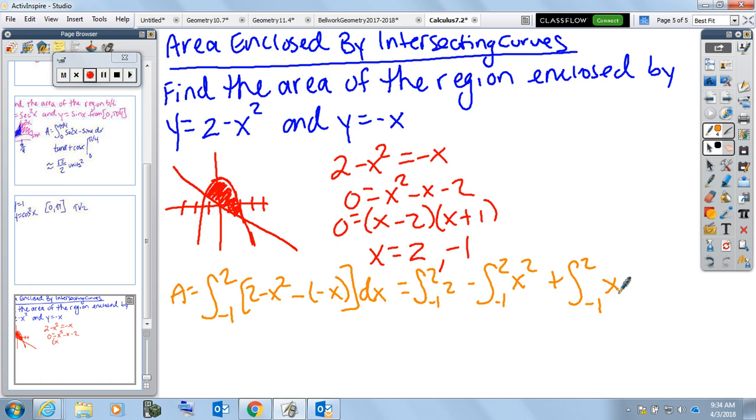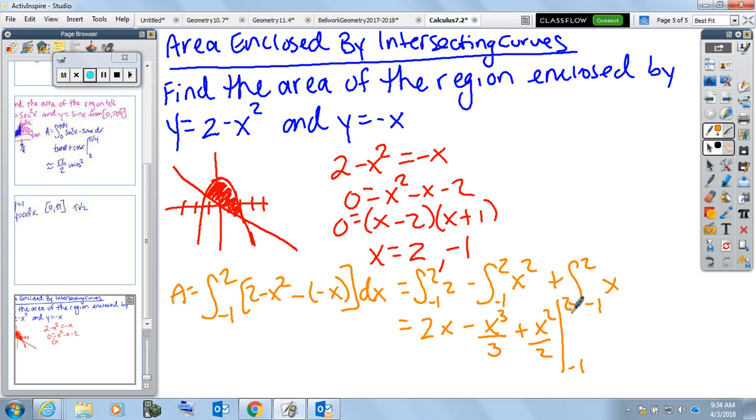Then, of course, basic antiderivatives make this 2x. Raise the power, divide by the power, so we get negative x cubed over 3, and then plus x squared over 2. Just to keep things cleaner, remember this is all going from -1 to 2.